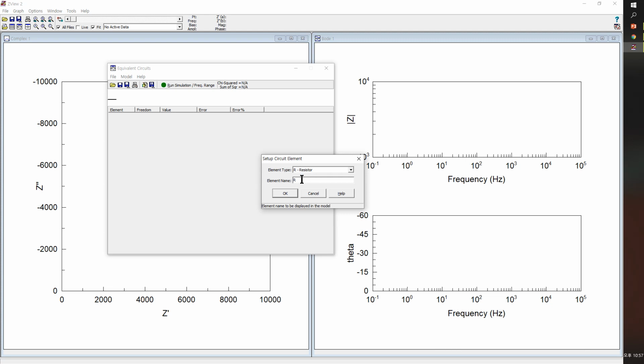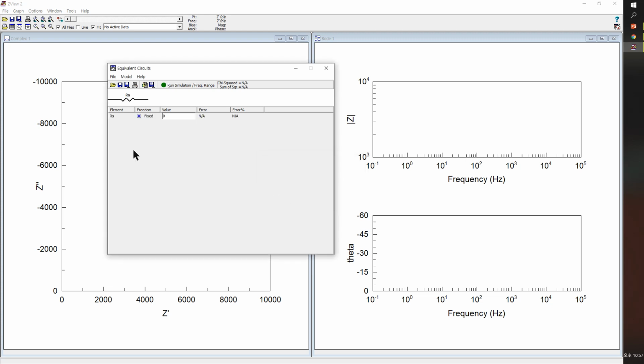In this case, I'd like to type RS because I will make the solution resistance. So okay, then we have one resistance here, and you also have another thing in the window below. That is the line for the information about the solution resistance. You will write down the value here.